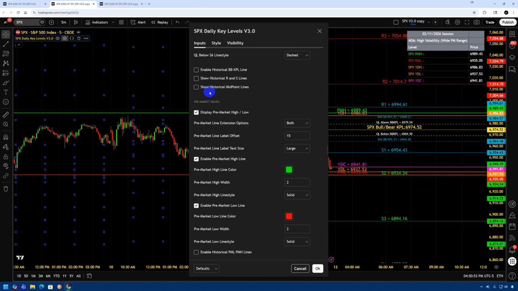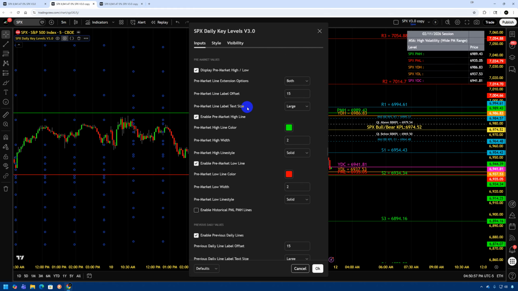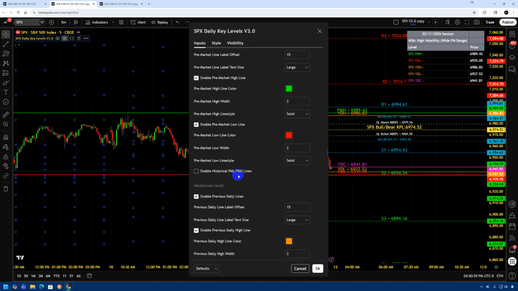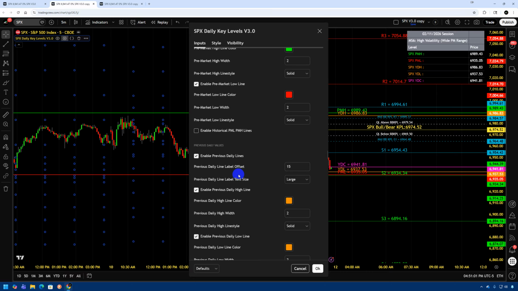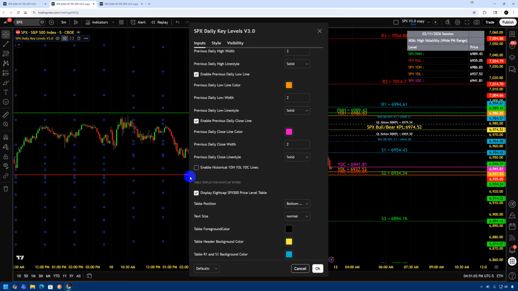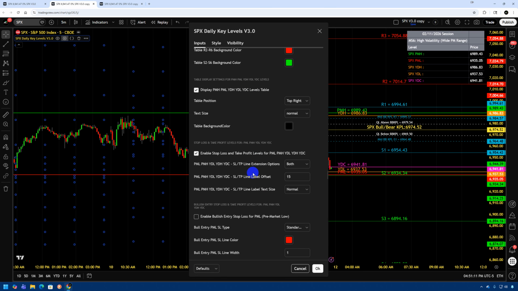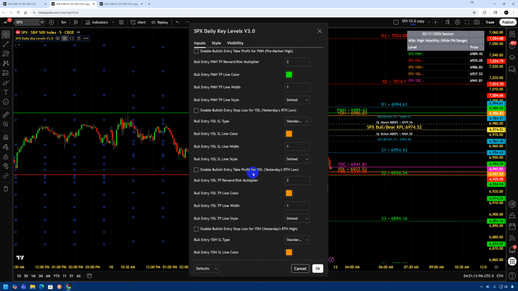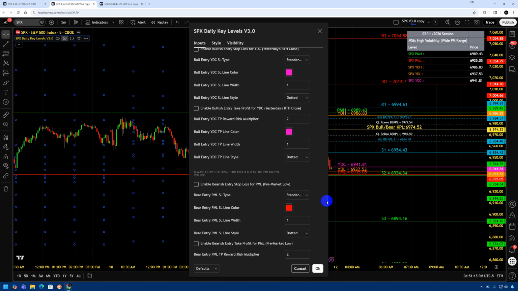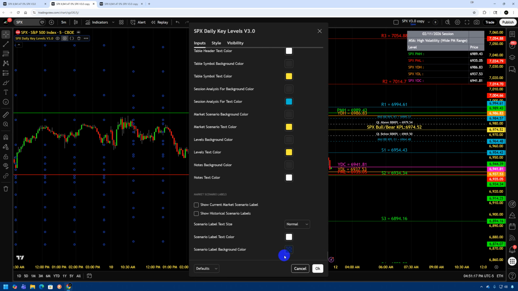Now we've added historical midpoint lines, as well as historical PML, PMH, as well as historical YDH, YDL, and YDC. And then we also have historical market scenario labels.